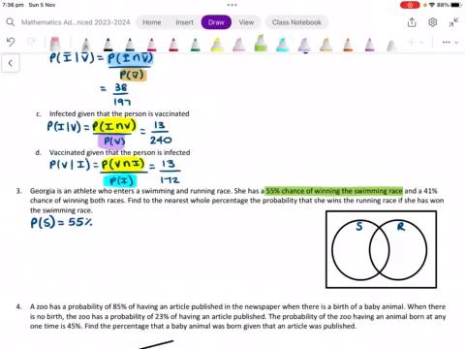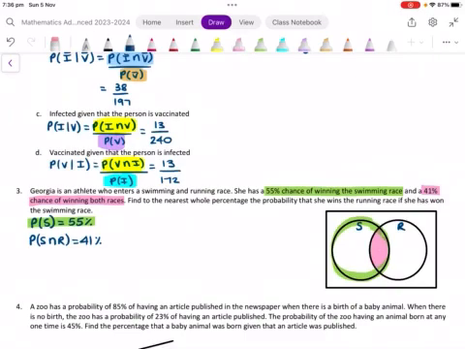So this whole circle needs to add up to 55. Now, we get told that she has a 41% chance of winning both races. So 41% chance of winning the swimming and running race is 41%.